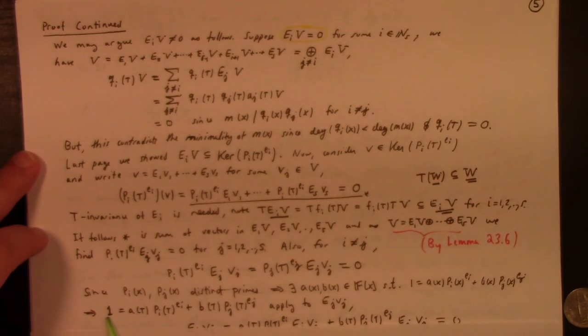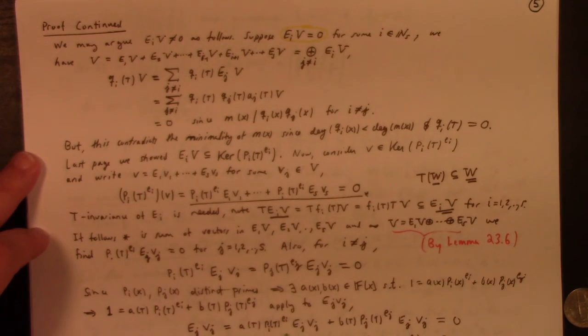If you evaluate that at T, that gives me the identity is a(T) times the ith prime power of T plus b(T) times the jth prime power of T. If you apply this to E_j v_j, we get that E_j v_j is equal to this plus that, but these are 0. I'm sorry, I think this is true because of that up there. And these being 0 in fact implies that this alone is 0 because of this right here.